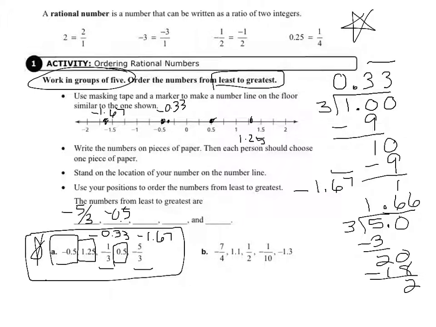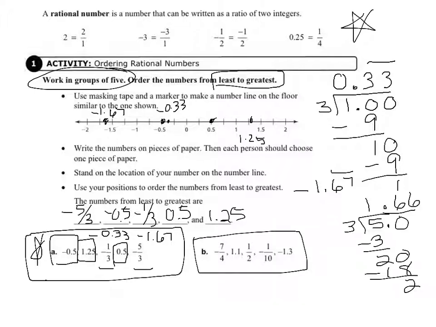And then our negative 1/3. And then 0.5, and finally 1.25.